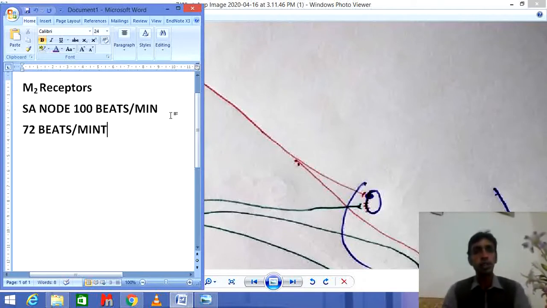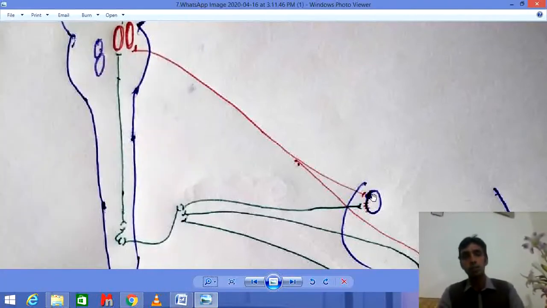It continuously inhibits the SA node and AV node to decrease the heart rate, to decrease the signal generation. The SA node continuously creates the signal for 100 beats per minute, but the 20 or 25 beats are erased by this nucleus. This nucleus does not allow this SA node to make more heartbeat, to make more signals.